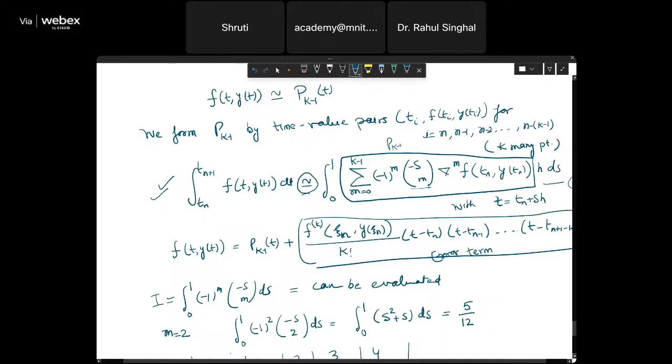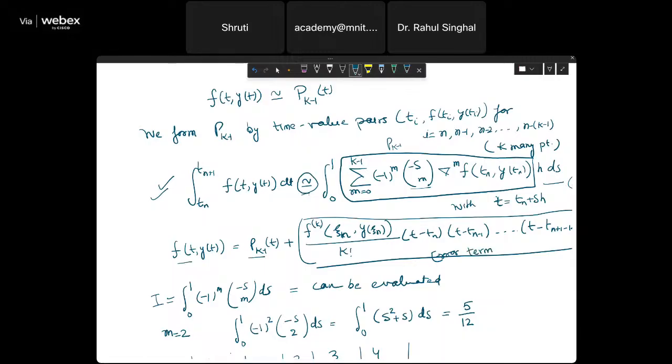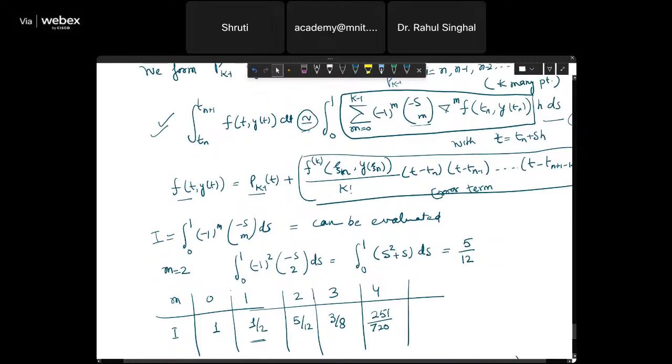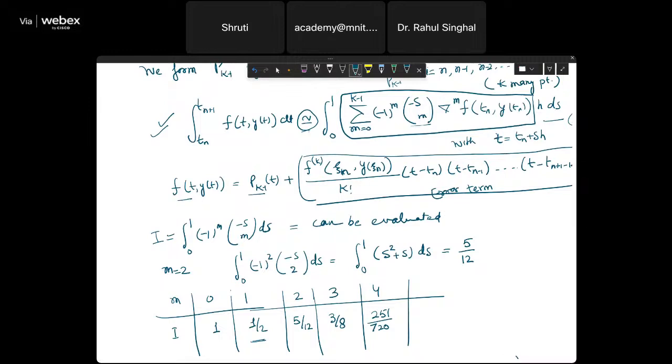Because f is approximated by p_{k-1}, in actual it has some additional term. This additional term is the error term involved when we approximate f by p_{k-1}. With the help of this error term, we can understand the local truncation error. So what would it be?